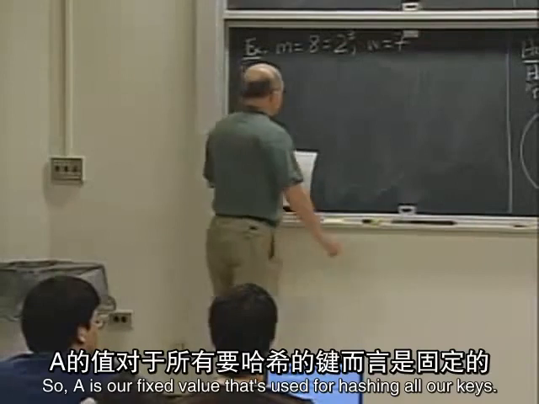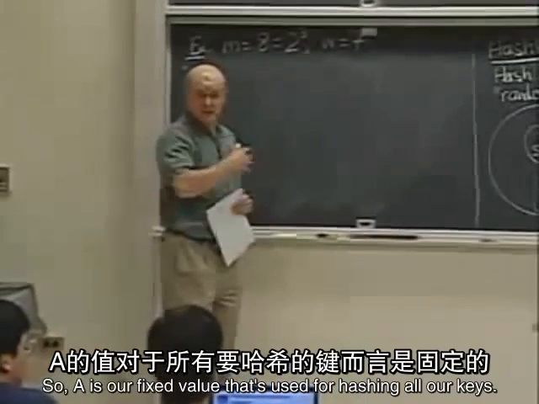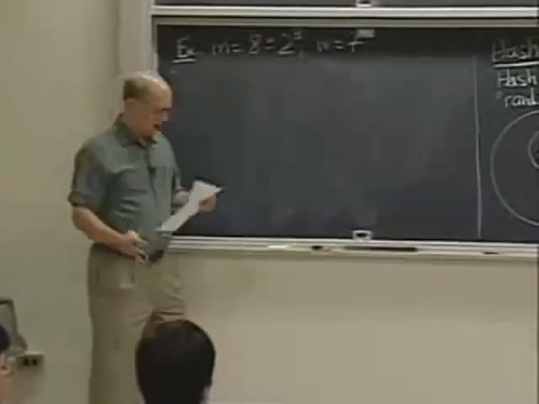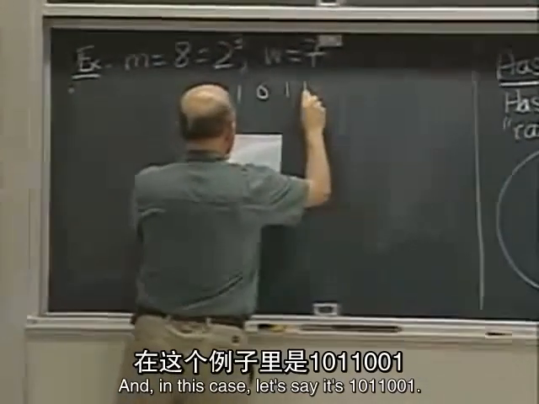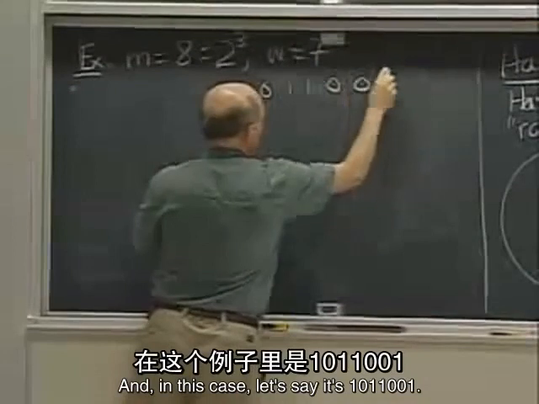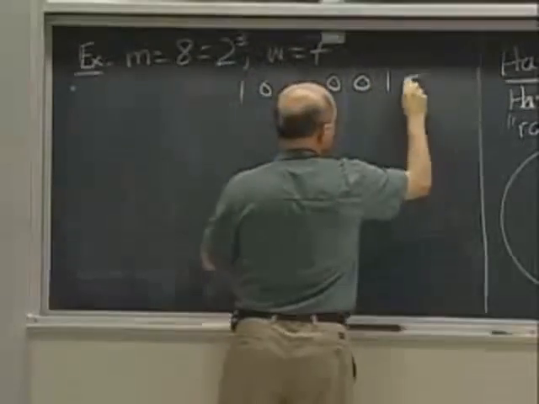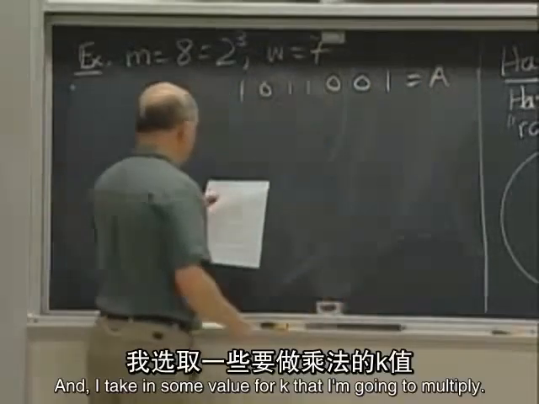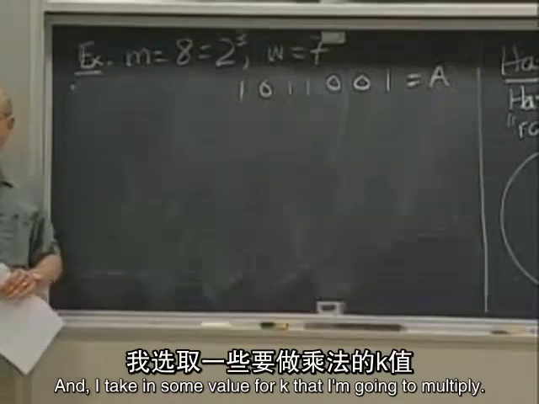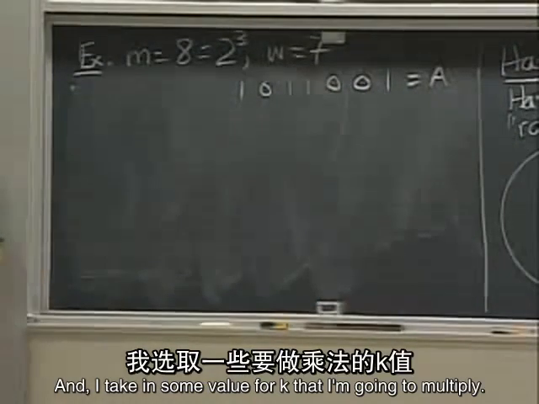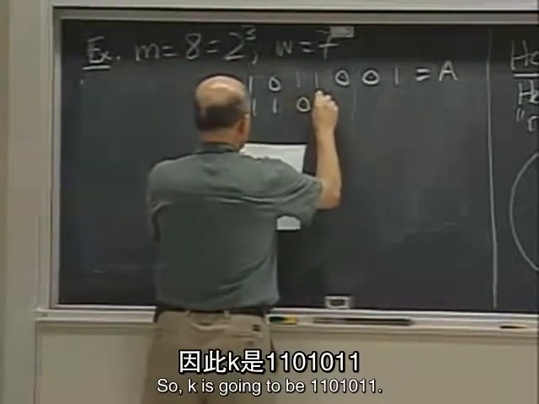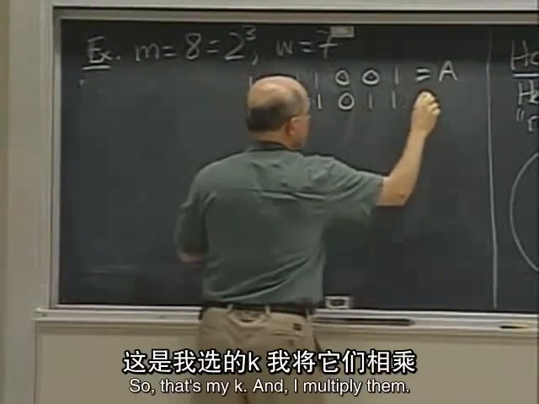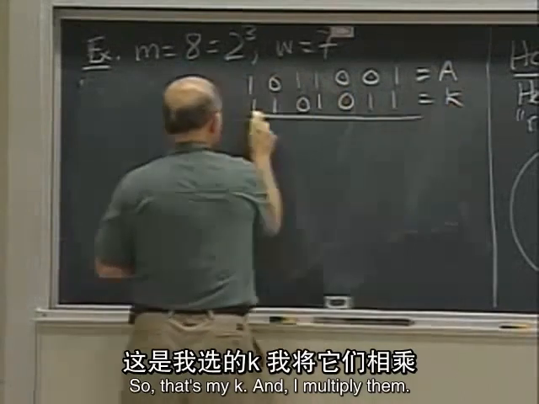So A is our fixed value that's used for hashing all our keys. And in this case, let's say it's 10110001. So that's A. And I take in some value for k that I'm going to want to multiply. So k is going to be 1101011.